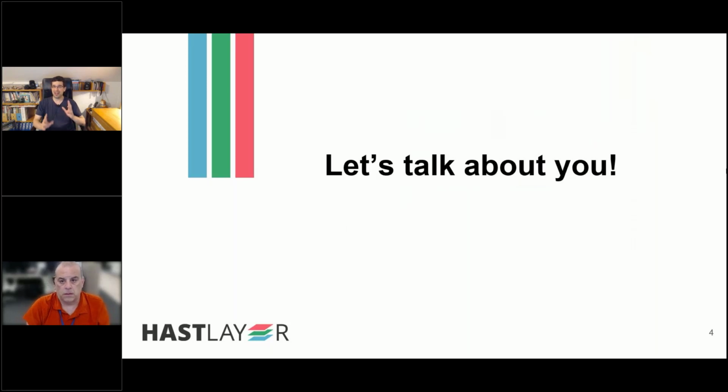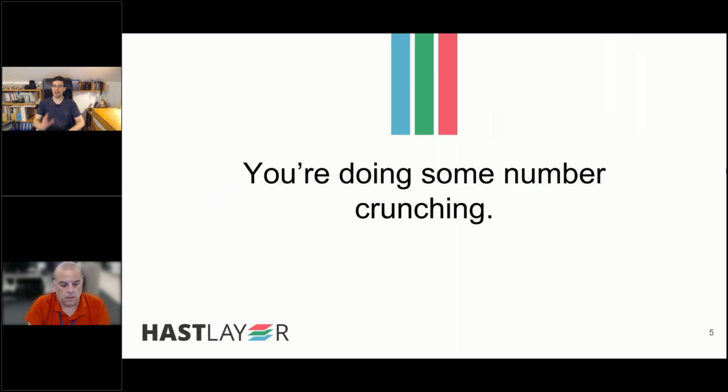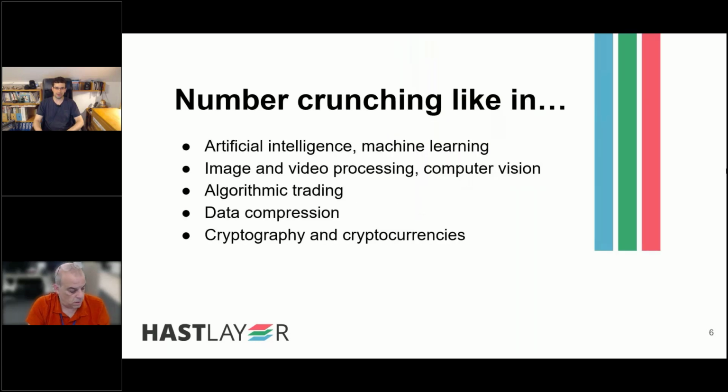But before that, let's talk about you first. Let's suppose that you are doing some number crunching. Something compute bound or memory bound, some high performance or very hardcore computations. For example, AI, machine learning, pretty popular topics nowadays, or perhaps something with image or video processing. Those two usually can come down to the same things, by the way, to an extent.